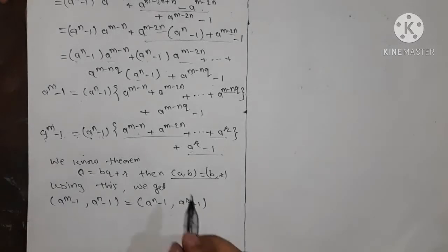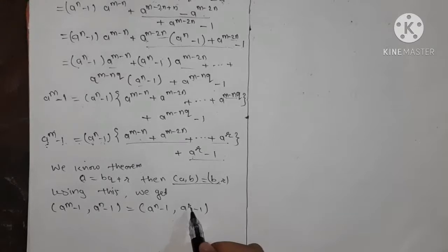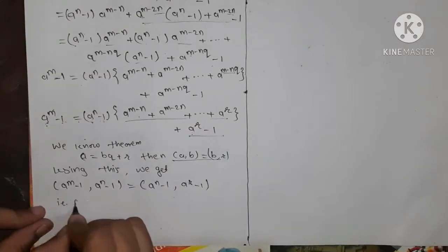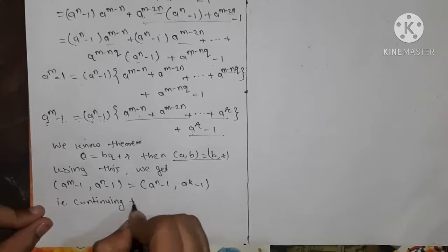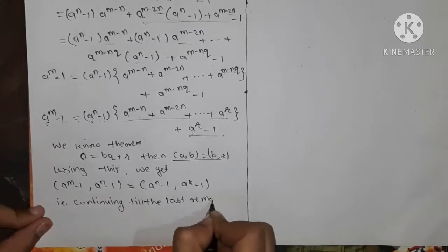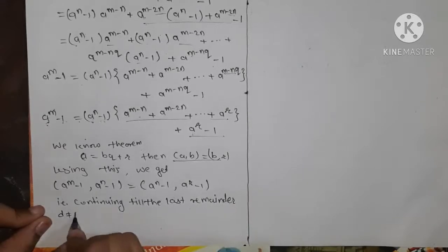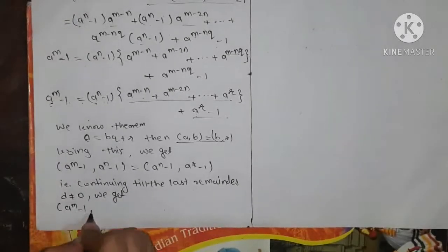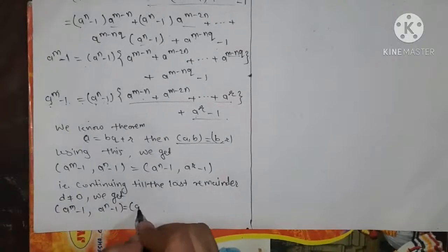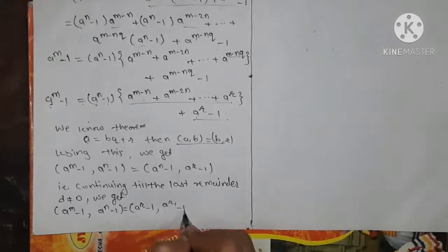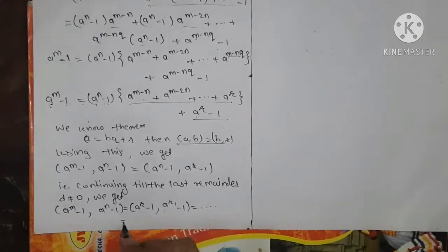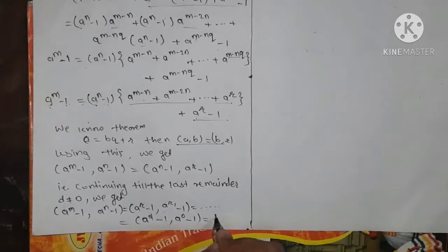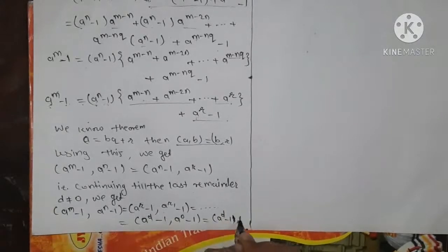So by the Euclidean theorem, if we continue this process until the remainder r becomes equal to 0, that is, continuing till the last remainder d not equal to 0, we get the GCD of a to the power m minus 1 comma a to the power n minus 1 is equal to the GCD of a to the power r minus 1 comma a to the power r1 minus 1, which is equal to, and so on, equal to the GCD of a to the power d minus 1 comma a to the power 0 minus 1, which is equal to the GCD of a to the power d minus 1 comma 0, right?